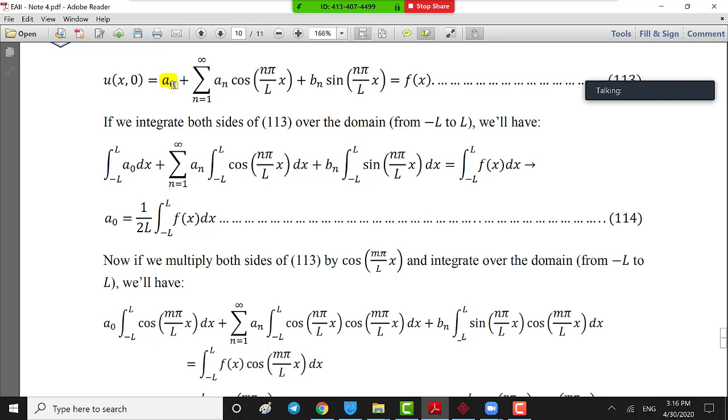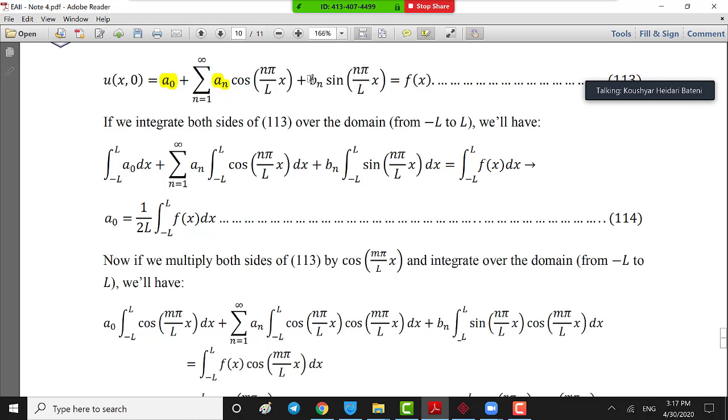Now, in order to determine an and bn, we have to do something similar to what we did for the previous cases. In order to determine an, we have to multiply both sides of this equation by cosine of n pi over L x, and then integrate.